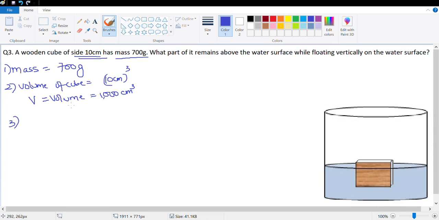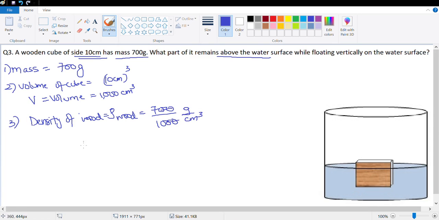Next, we need to figure out what portion will be above the water. So this is not underwater, this is above the water. What we can figure out is the density of the wood. So density of wood, which we will write as rho wood, will be equal to mass upon volume, and this is in gram per centimeter cube.